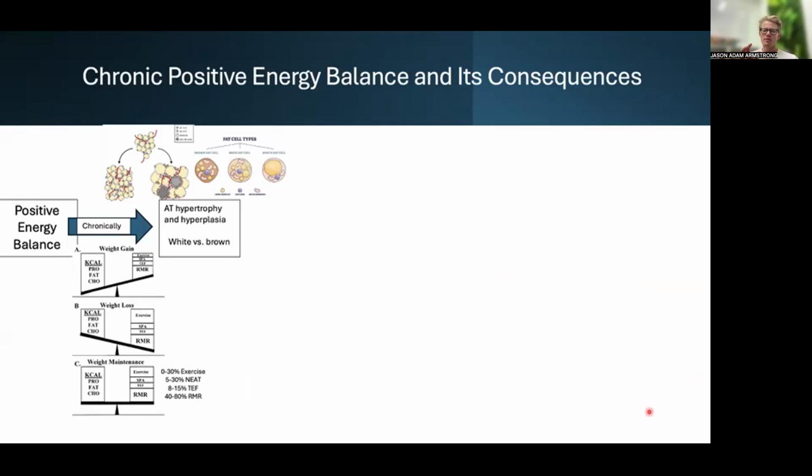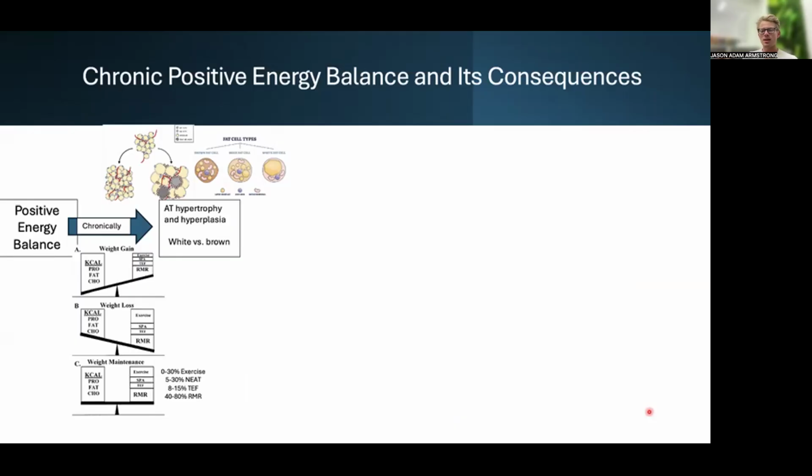Some things that seem to affect that are the presence of a couple of hormones, or cytokines: IL-6, estrogen, and thyroid hormone all seem to increase the browning of tissue, as do polyunsaturated fats and caffeine intake. Polyunsaturated fats would be things like olive oil. Caffeine, so things like green tea and coffee, have been associated with browning of tissue.